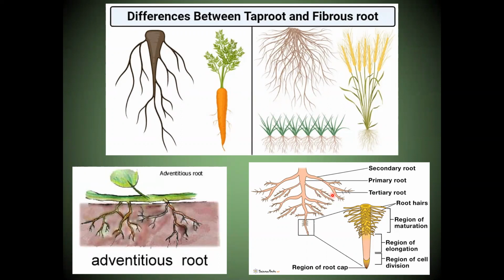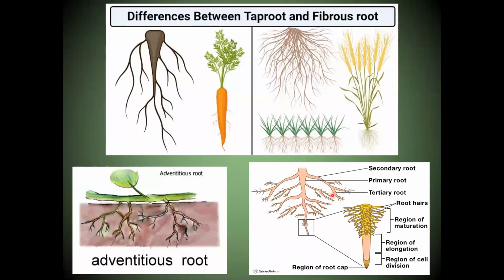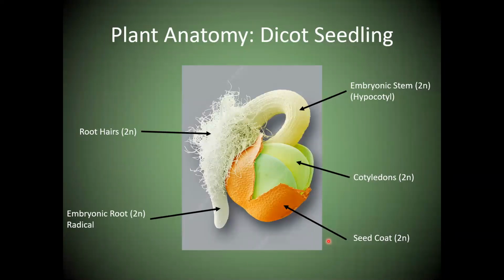The parts that are more capable of absorbing water and nutrients are the root hairs. Root hairs are located on the younger or developing part of the taproot or primary root, as well as in equivalent parts of the secondary and tertiary roots. So you have taproots, and you have root hairs in any younger developing parts of the root system.